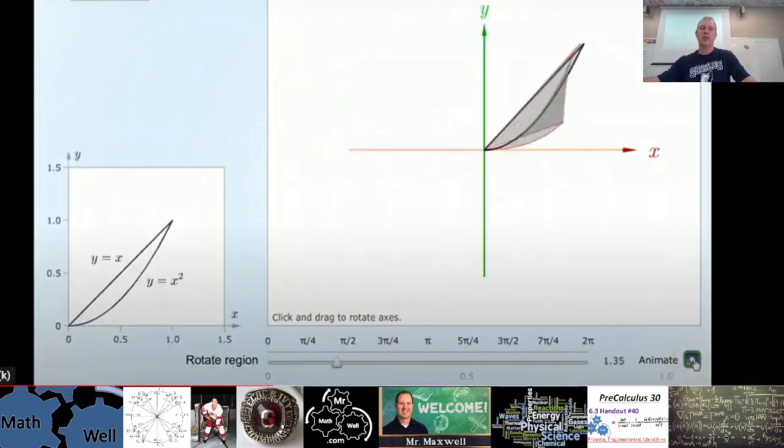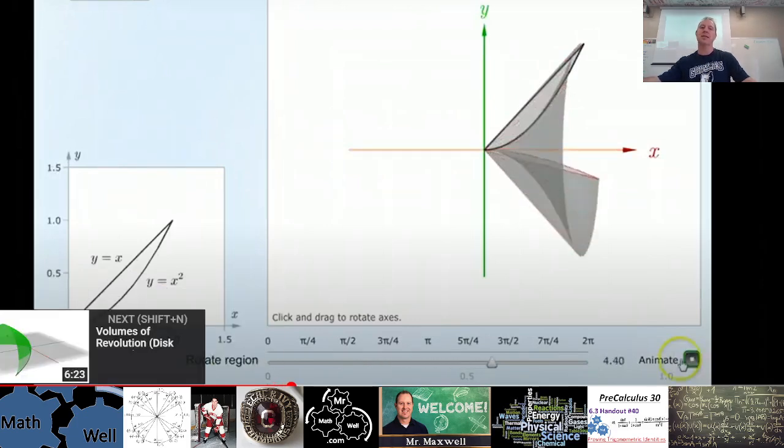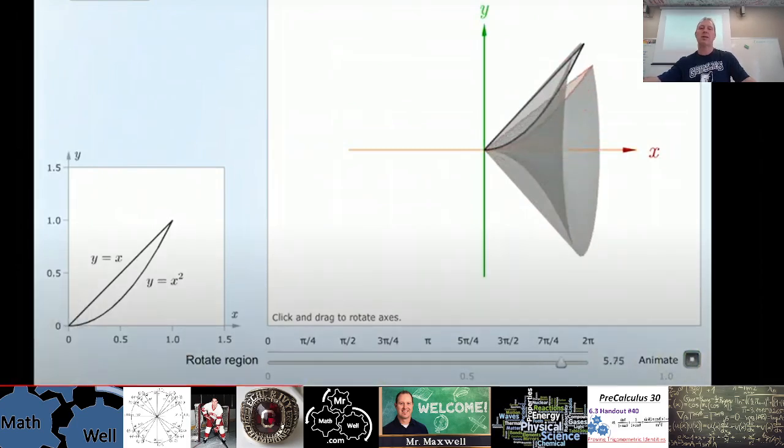Okay, so here's something that's a little bit different. This is now a region that's contained within two graphs. If we let that rotate around, let's say, the x-axis, you can see how this gets very interesting. I don't really know if the disks help us a lot, but let's consider this.